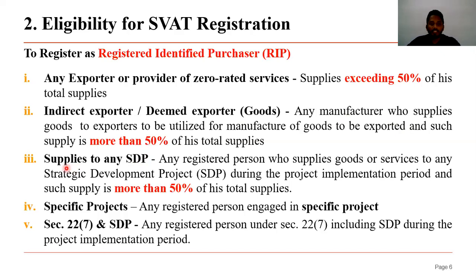Any registered person who supplies goods and services to an SDP, basically during the project implementation period, if it is more than 50% of the total supply, then that supplier is also eligible to register as a RIP.